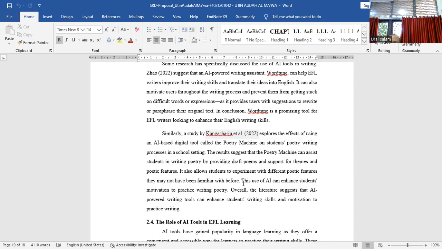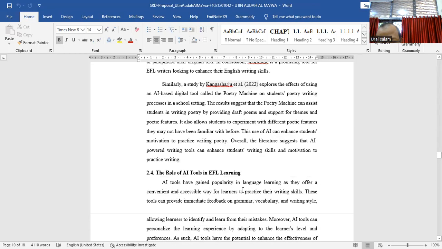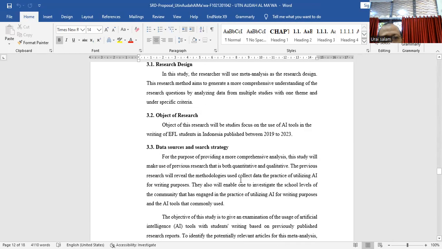We want to know how technology is already being used by teachers around Indonesia. So I think it's very important. Even if similar or exactly the same research has already been conducted about AI, meta-analysis and writing, because the context is different, this research becomes very different. We are going to do very different research.